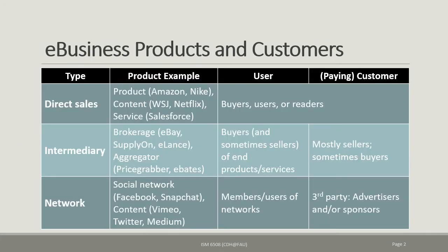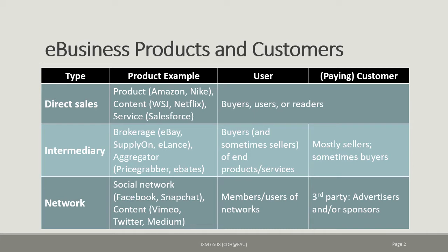So one thing I like to make very, very clear is the definition of customer. This may not be a problem in most traditional businesses, but the idea of a customer can be very different from the idea of a user in web-based business, in web or in mobile apps. Of course, there are lots of direct sales.